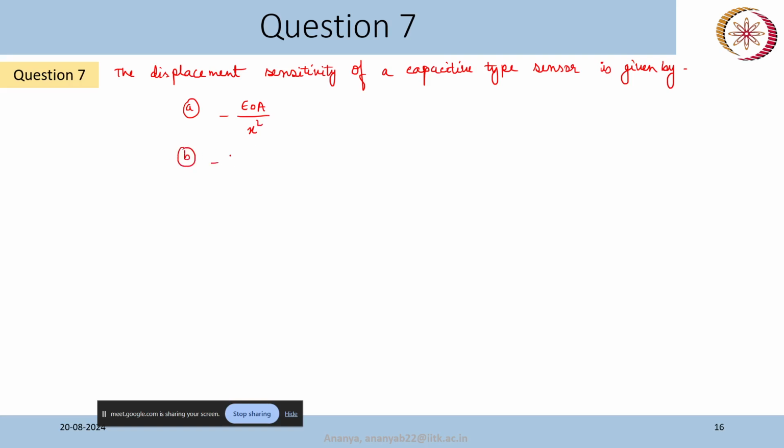Option B is minus epsilon naught A by x cube. Option C is minus epsilon naught A by x to the power 4. Option D is minus epsilon naught A by x.